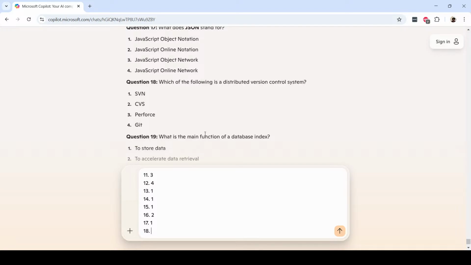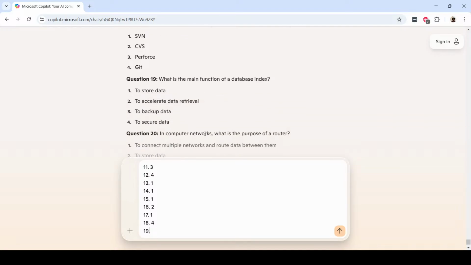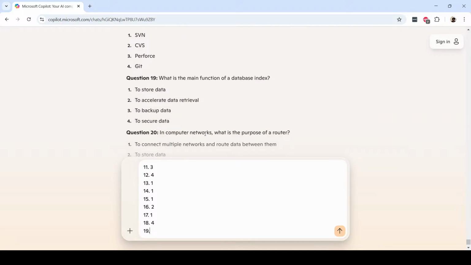Mm, I would still go with Git. I know Perforce is also there, but Perforce is a bit older, so I will go with Git. What is the main function of a database index? To accelerate data retrieval.